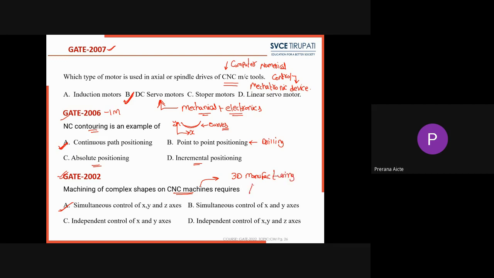That means the machine tool can be controlled in the x, y and z axes, and the control has to take place continuously. So the answer is simultaneous control of x, y and z axes.